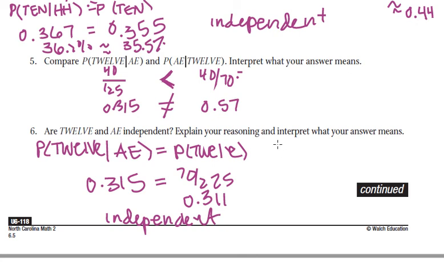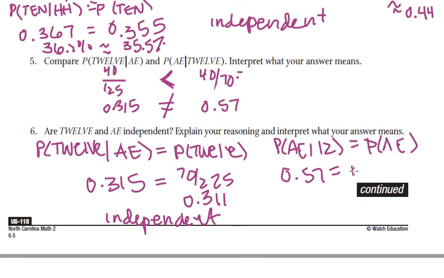And then here we can check the other way. So that would be P of AE given 12 would be equal to the probability of academic achievement. There, that's going to give us 0.57. And then academic excellence was 127 over 225, and 127 over 225 is 0.564.